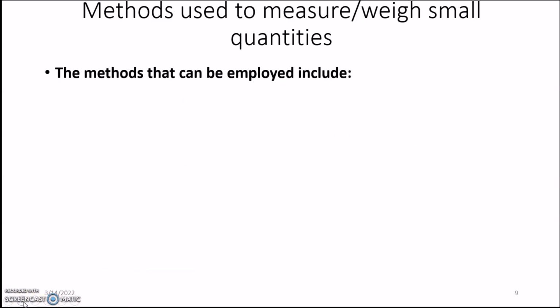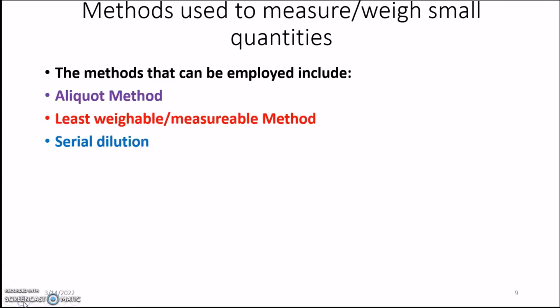And there are 3 methods that can be employed to weigh or measure small quantities that are less than the least measurable or the least weighable quantity of our instrument. These are the aliquot method, the least weighable or measurable method, or serial dilution. We will be looking at the first 2, aliquot method and least measurable method, in this recording.